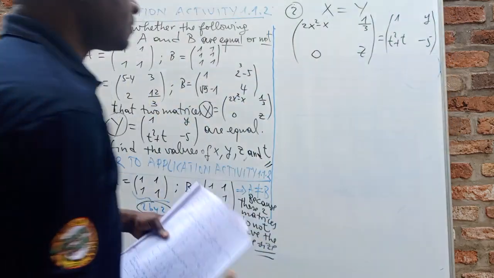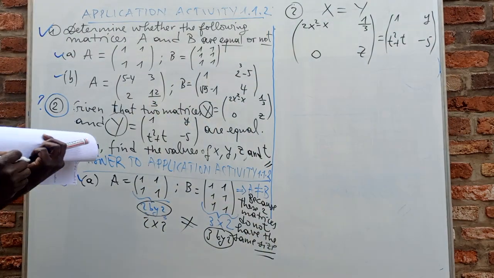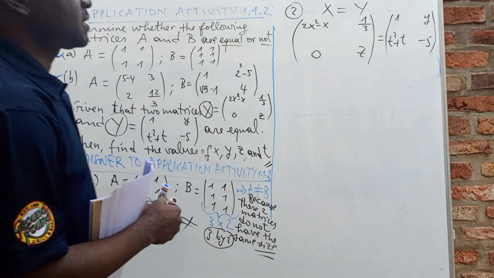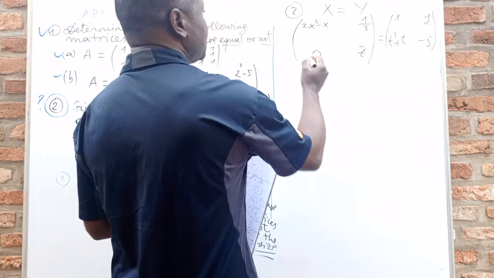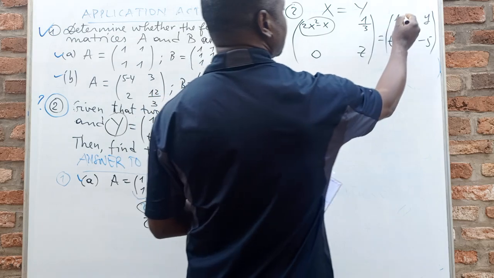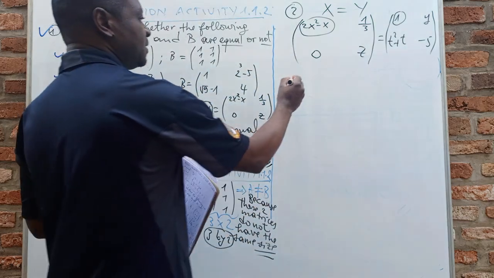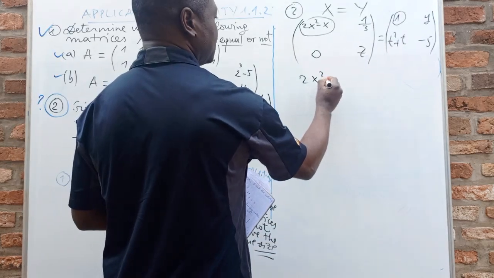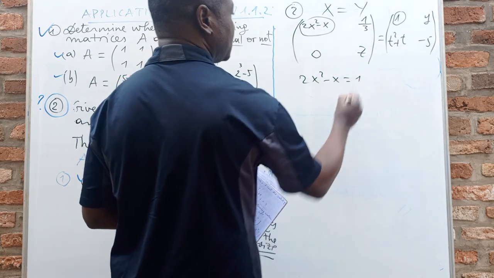Now, if these two matrices are equal, this coefficient must be the same as this: 2x squared minus x equal to 1.